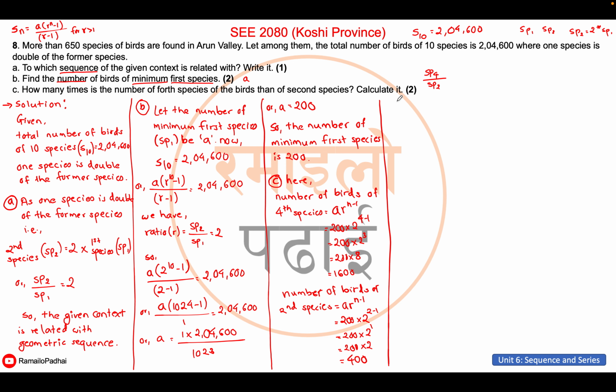Okay, now the number of birds of fourth species by the number of birds of second species is equal to 1600 divided by 400, which is equal to 4.